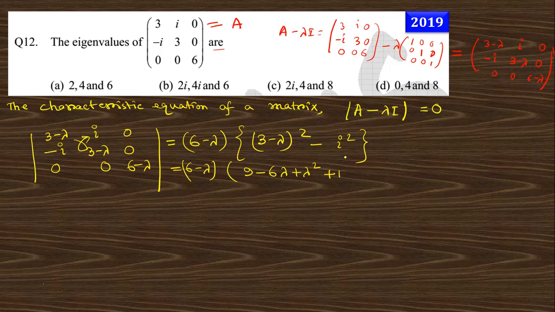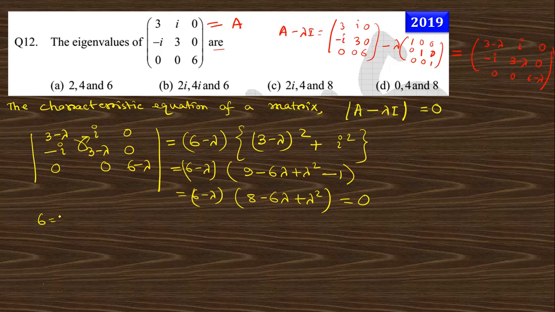So this must equal 6 minus lambda times 8 minus 6 lambda plus lambda square, and this equals 0, the characteristic equation.